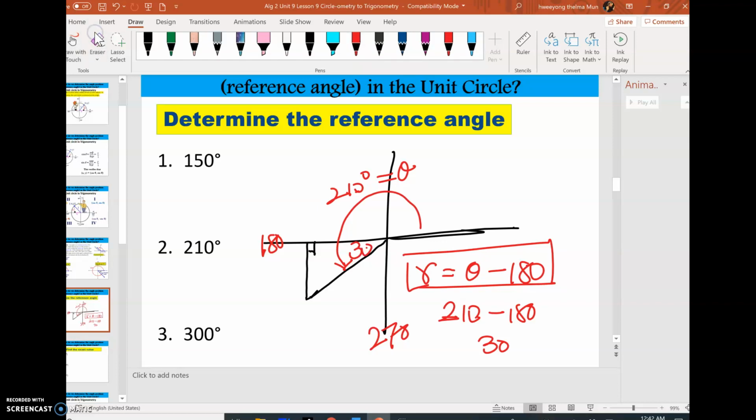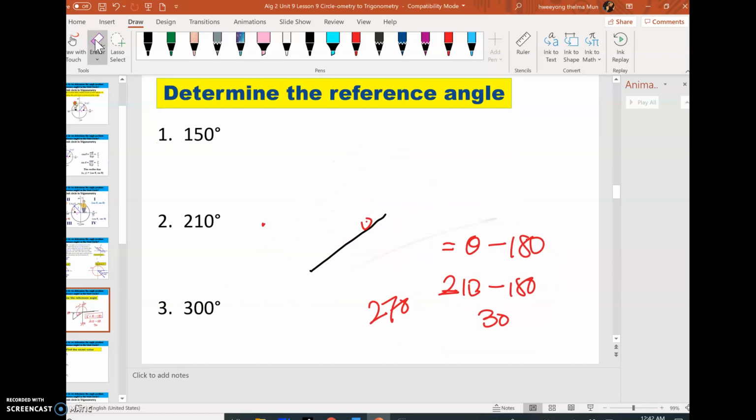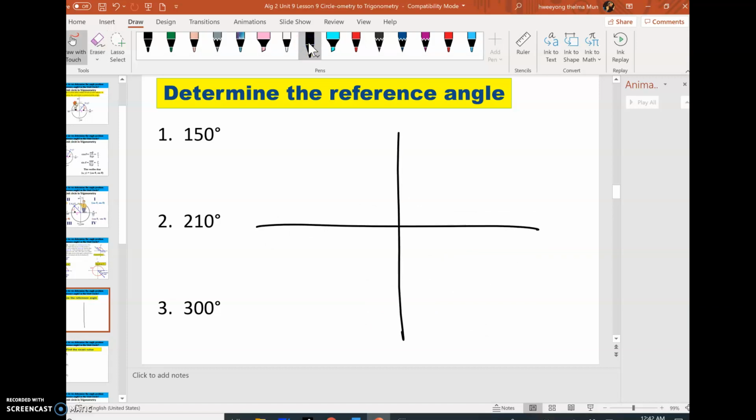So lastly, let's take a look at the fourth quadrant. They gave you the measure 300 degrees, and you know that it's going to be in the fourth quadrant because it's between 270 degrees and 360.